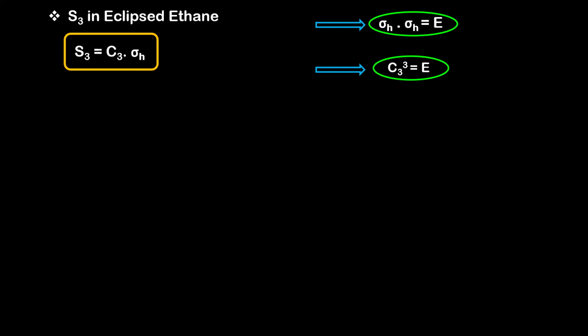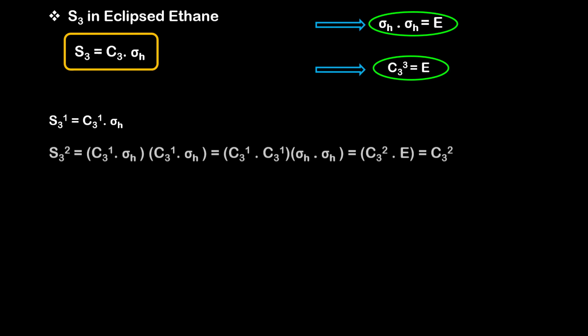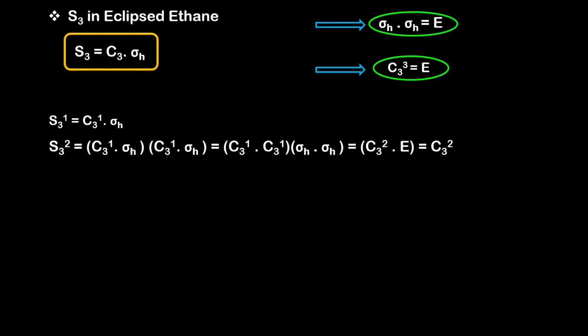Now here we will go for S3^1. That means C3^1 into sigma h. This is one unique operation for the improper rotational axis. Next, S3^2. Here two times improper operation leads to C3^1 into C3^1.